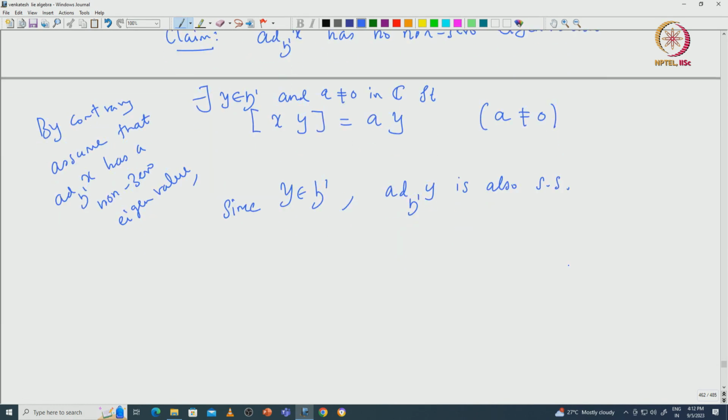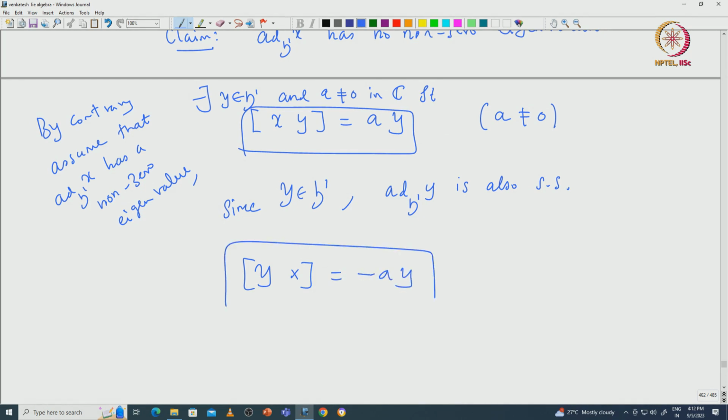Now if you go back to this equation, you can read it as follows. This is exactly the same as saying [y, x] = -a y. Since ad y is semisimple, x can be written as a sum of eigenvectors of ad y.